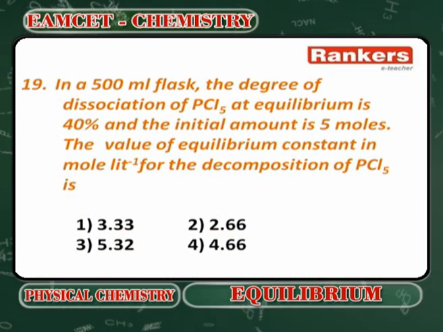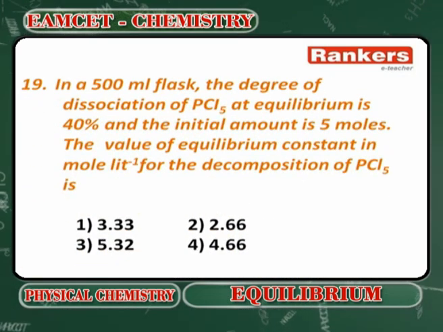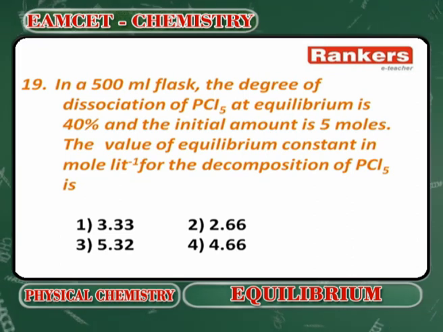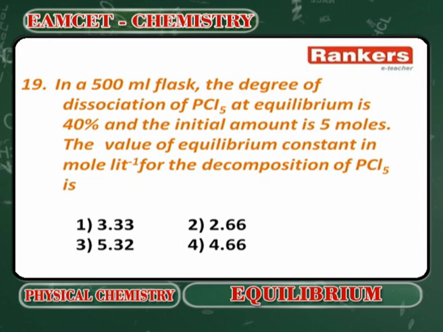Next, in a 500 ml flask, the degree of dissociation of the PCl5 at equilibrium is 40% and the initial amount is 5 moles. What is the value of the equilibrium constant for PCl5?